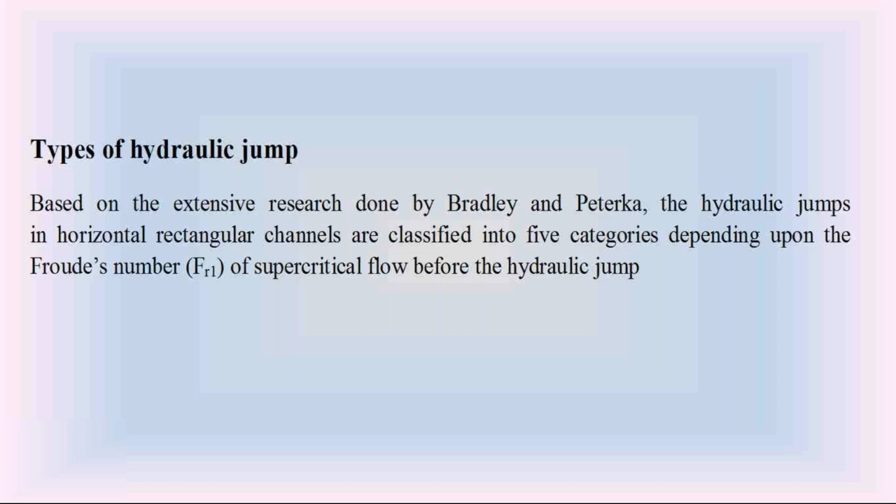You know that in hydraulic jump, we discussed the Froude number. In the y1 by y2 derivation, and similarly the y2 by y1 derivation in the previous classes, we discussed the Froude number in hydraulic jump, FR1 and FR2.